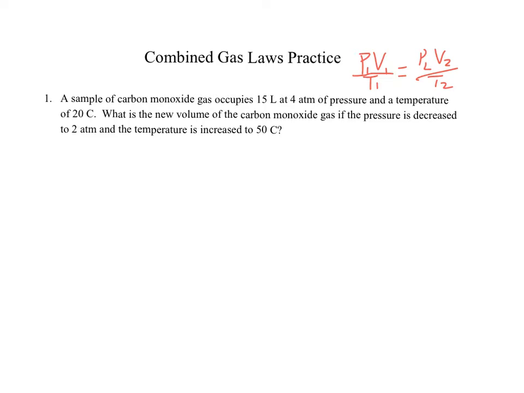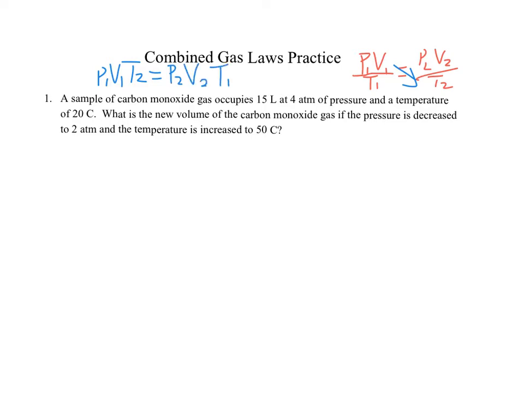I'm going to write it over here on the left side, getting rid of the fractions in the equation. Basically, I'm going to cross multiply before I plug in any numbers. So what I have is P1 times V1 times T2, and that's going to be equal to P2 times V2 times T1.